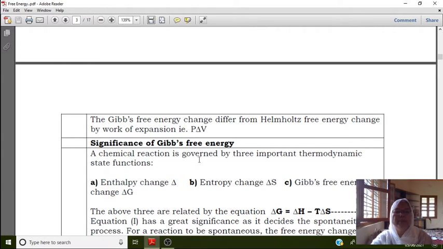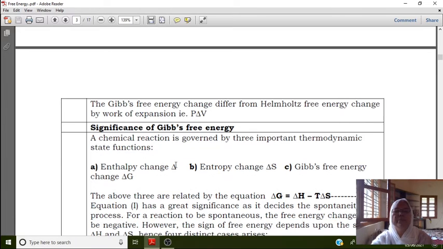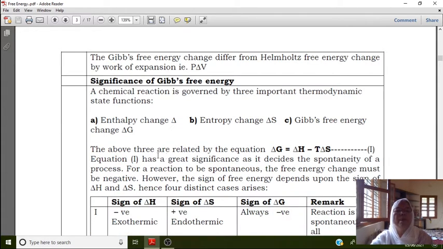A chemical reaction is governed by three important thermodynamic state functions. All of you know: enthalpy change delta H, entropy change delta S, and Gibbs free energy change delta G. The above three are related by the equation delta G is equal to delta H minus T delta S. And this equation has a great significance as it decides the spontaneity of the process.